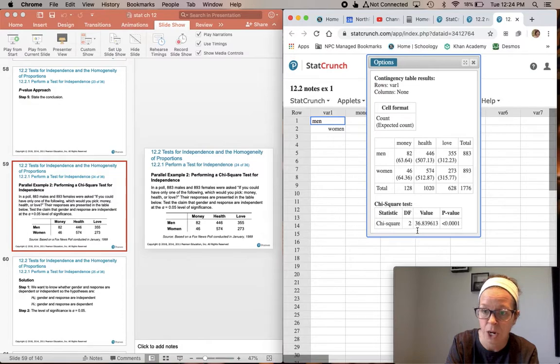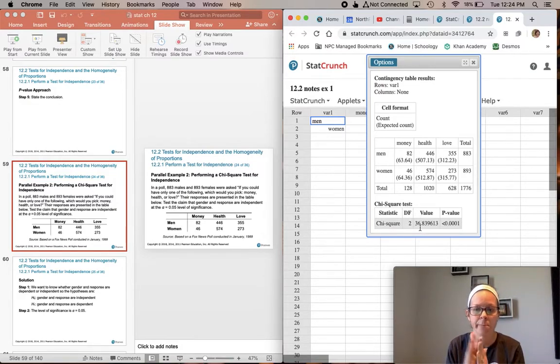Now down here it gives us our chi-square value, 36.8. Now remember, this is not the same as standard deviations. It's not 36 standard deviations away. But it is pretty far out there because our p-value is basically 0. So no matter what alpha level I choose, this is smaller than that alpha level.